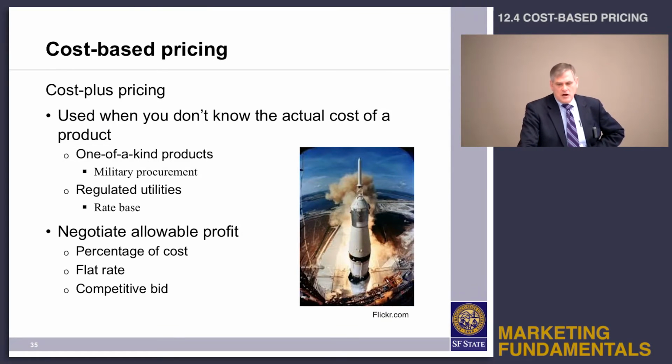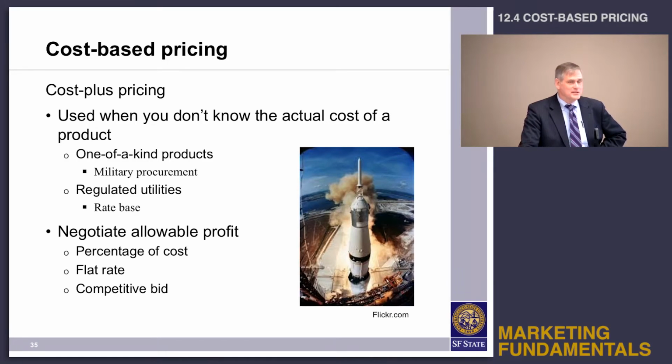Another variation on cost pricing is cost plus. And cost plus pricing is used when you don't know what the actual cost is going to be. So high-tech, one-of-a-kind products. I have here as an example a spaceship. How much does it cost to build a spaceship? Good question.